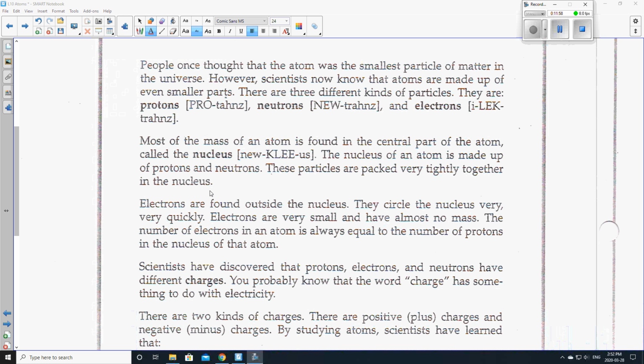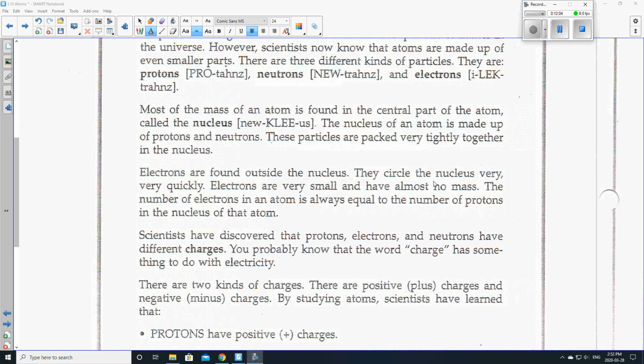Electrons are found outside the nucleus. They circle the nucleus very, very quickly. Electrons are very small and have almost no mass. The number of electrons in an atom is always equal to the number of protons in the nucleus of that atom. That means that each atom is actually neutral. There's no overall charge.